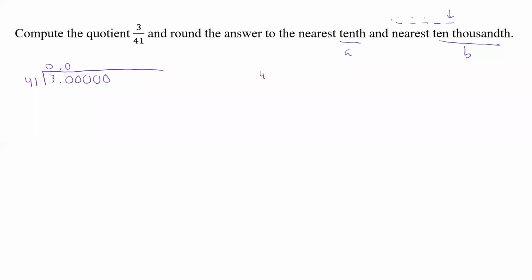Well, let's multiply 41 times 7, that will give us 287. Subtract that, so 10 minus 7 is 3, 9 minus 8 is 1, that's 0.